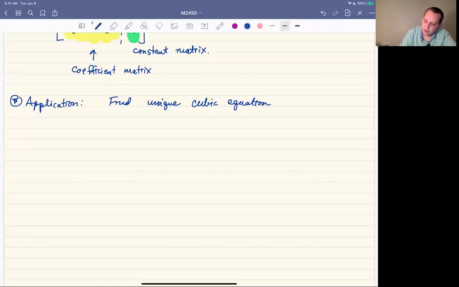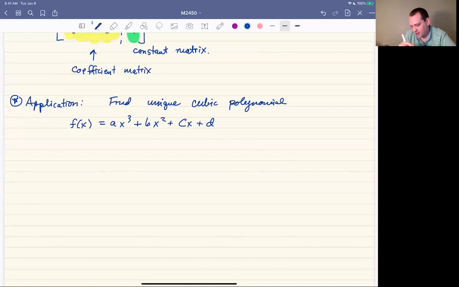By the way, find the unique cubic, I should say, polynomial. f of x equals ax cubed plus bx squared plus cx plus d, satisfying, given any 4 points, there's at most one cubic through that.